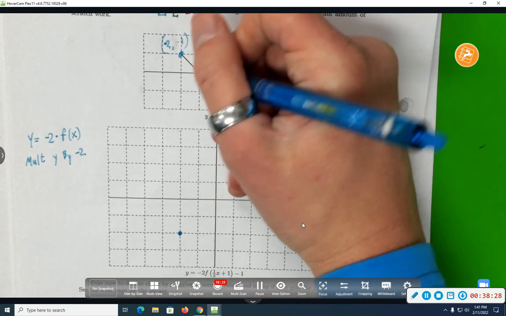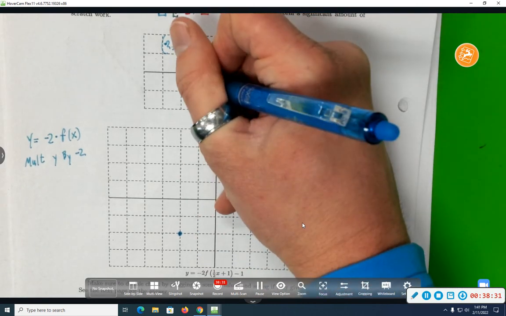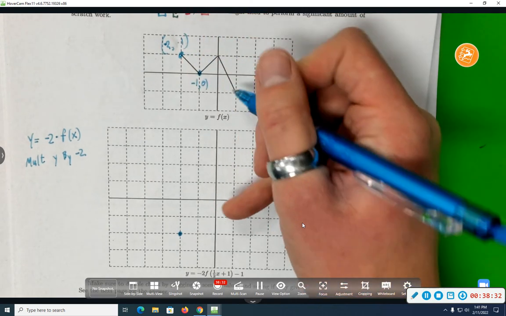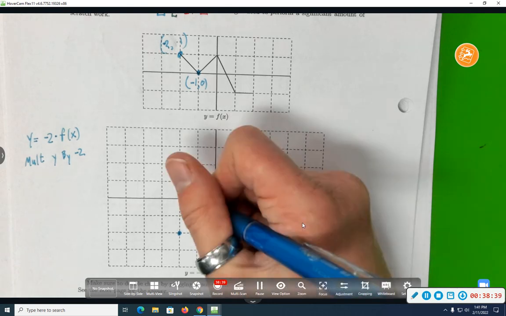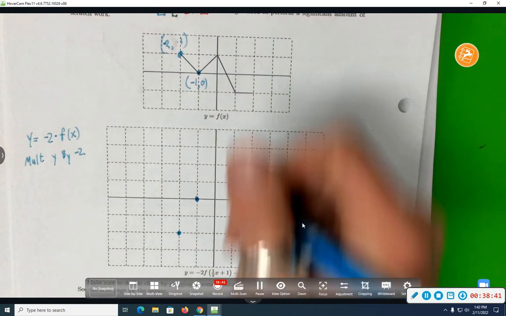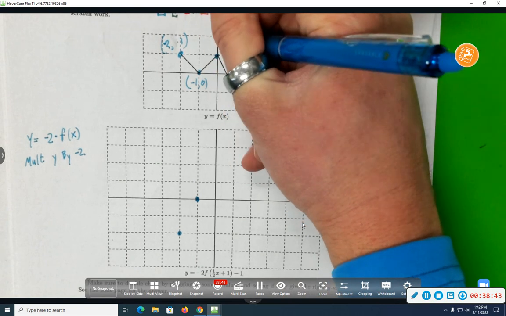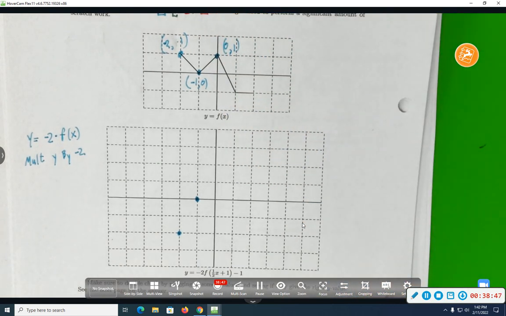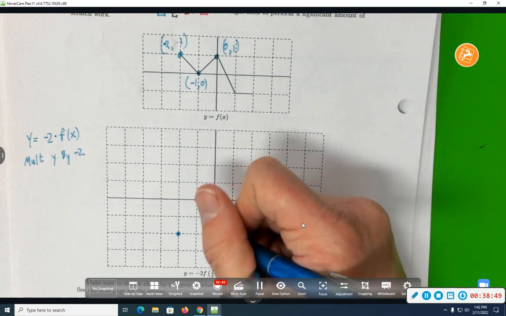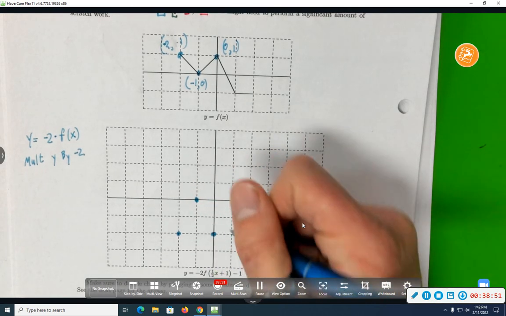Nice. The next point I see is the point -1, 0. Where will that go when I multiply the y values by -2? Awesome. This next point appears to be the point 0, 1. What will happen to that point? 0, -2.